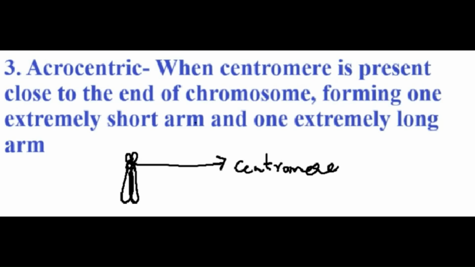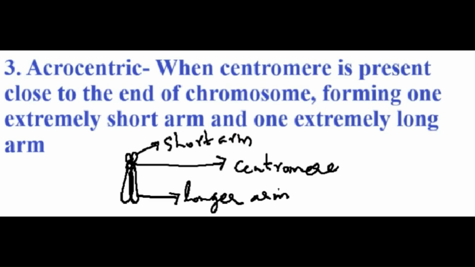When the centromere is present close to the end of the chromosome, forming one extremely short arm like this and one extremely long arm, that kind of chromosome is called acrocentric.